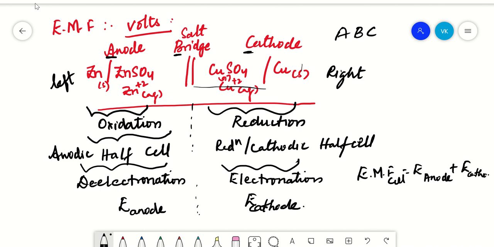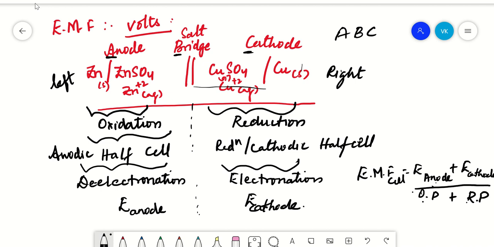You cannot say simply this. At the anode, oxidation takes place; at the cathode, reduction takes place. So, we say anode oxidation potential and cathode reduction potential. Only then can we say E anode plus E cathode.